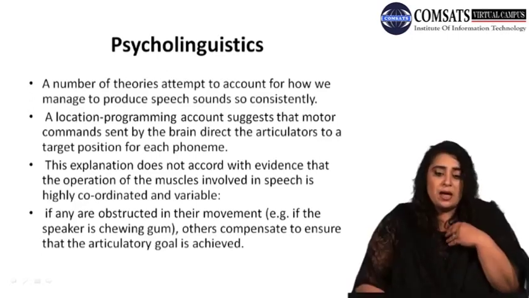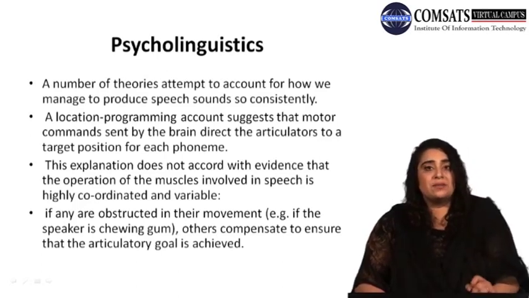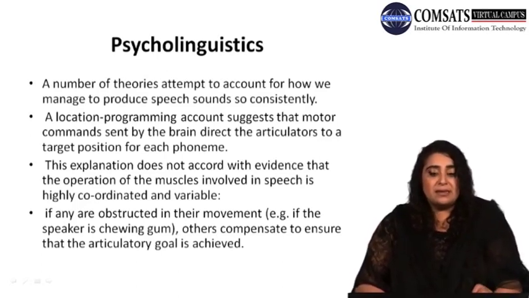The location program account suggests that motor commands sent by the brain direct the articulators to a target position for each phoneme. So this explanation does not accord with evidence that the operation of the muscles involved in speech is highly coordinated and variable.